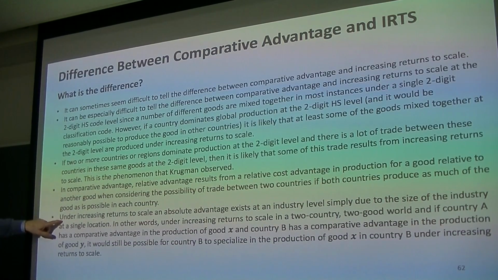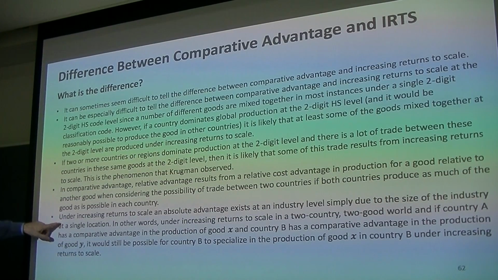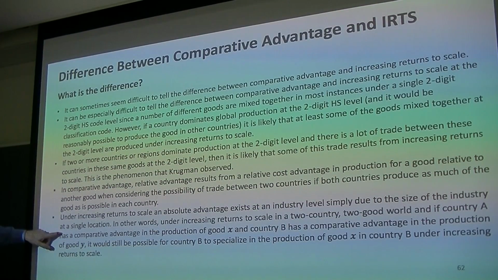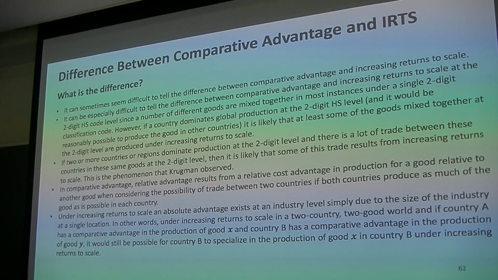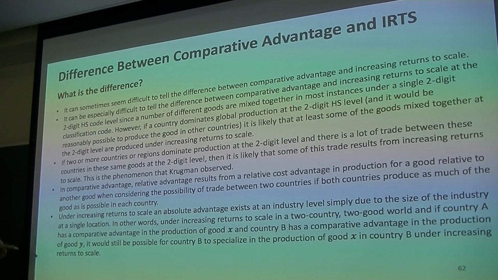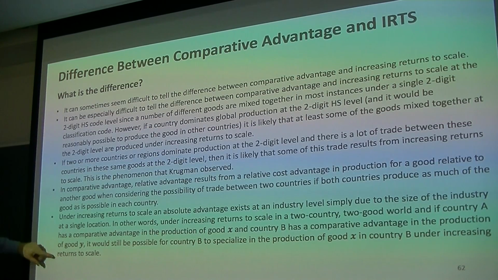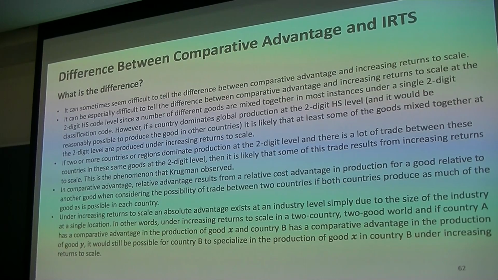Now, under increasing returns to scale, an absolute advantage exists in an industry simply due to the size of the industry at a single location. So in a 2-country, 2-good world, you could still have a comparative advantage and yet have increasing returns to scale.